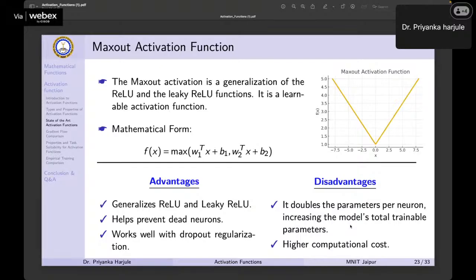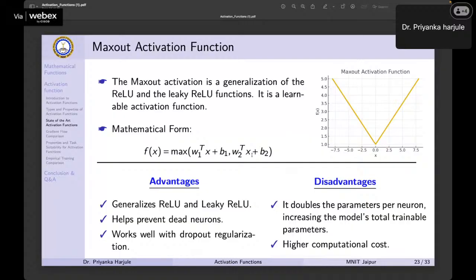Okay, so we were talking about maxout, which takes two linear combinations at a time. So you need two sets of weights and biases instead of one, which doubles the trainable parameters. So this is one of the disadvantages of maxout.